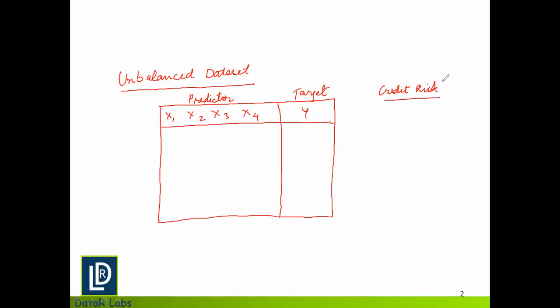So in a typical situation of credit risk modeling, people who are defaulting are far fewer than people who are not defaulting.